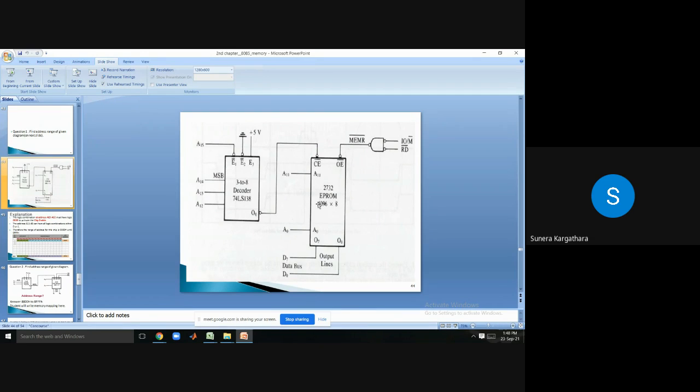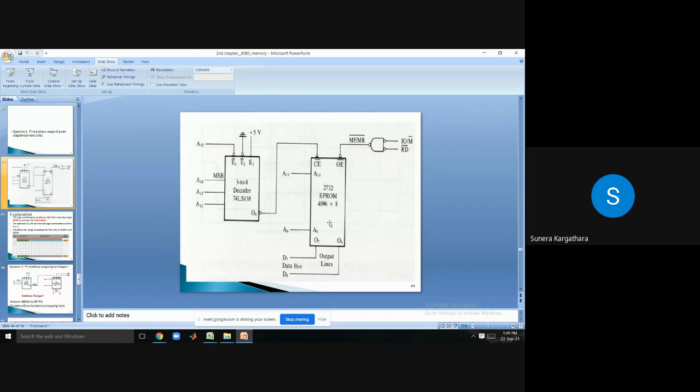Cross N represents the number of bits you can load onto a particular location. Suppose the first location is 000, so onto that address I can load 8-bit data. I hope I am communicating, student.